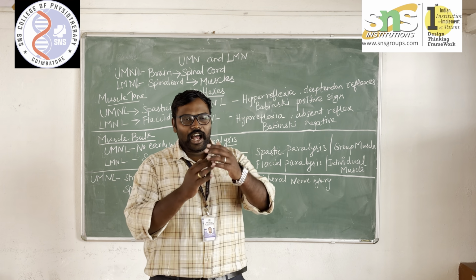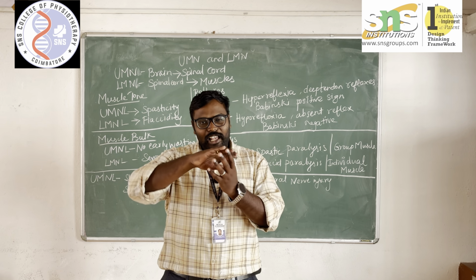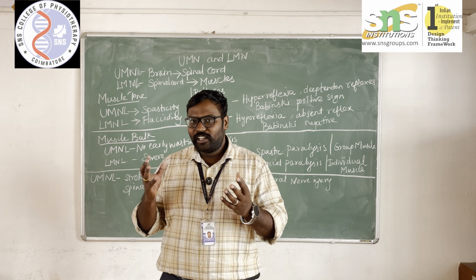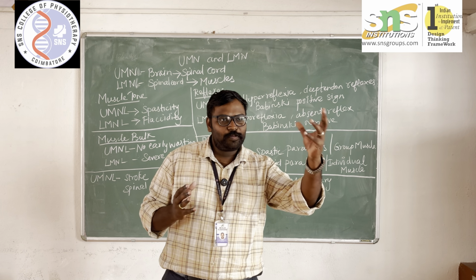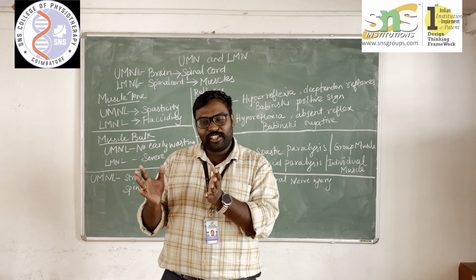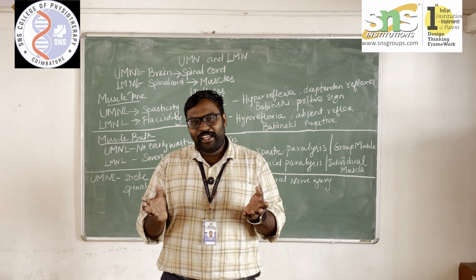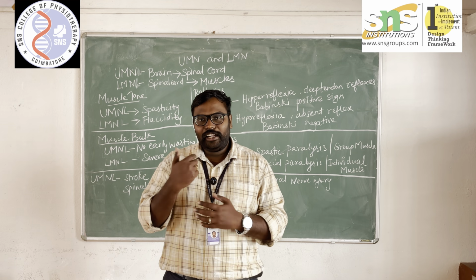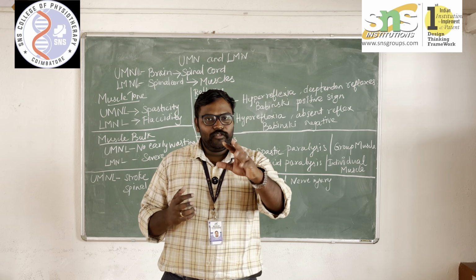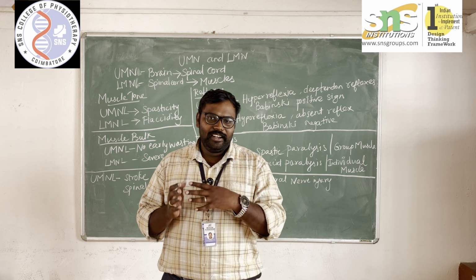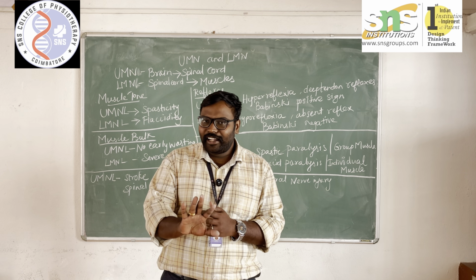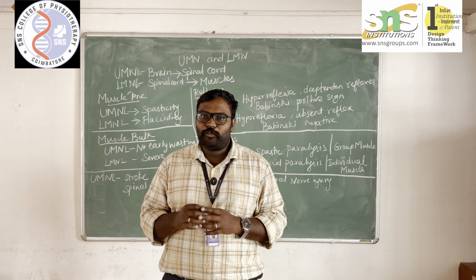The area which is outside the brain surface or the spinal cord surface is considered the lower motor neuron. So any disease or injury in this area is referred to as LMN lesion.